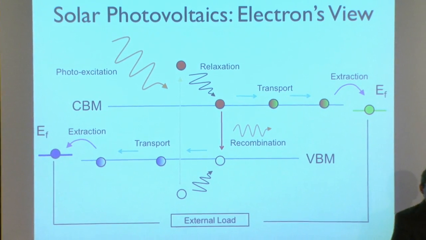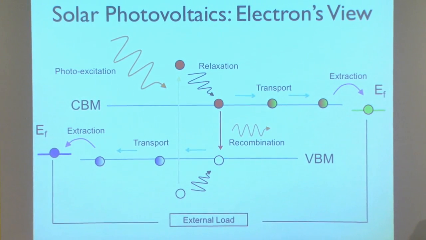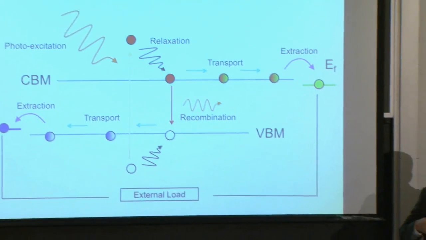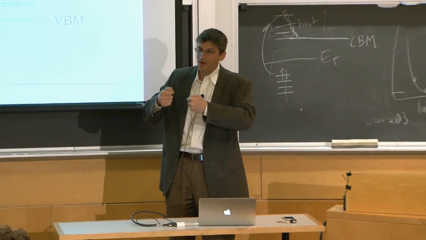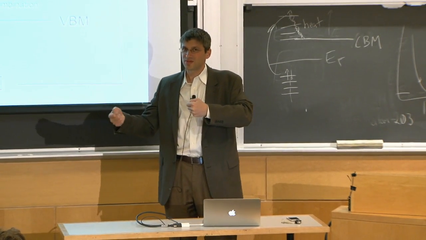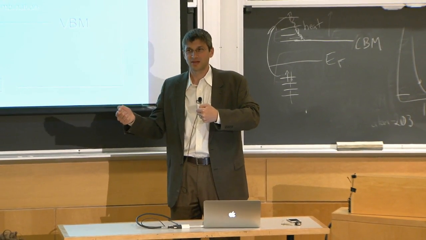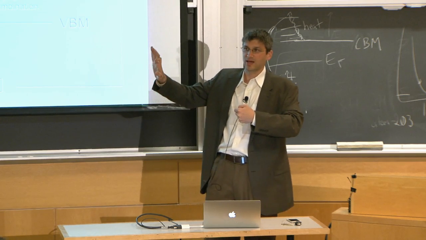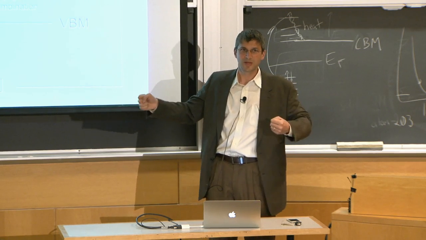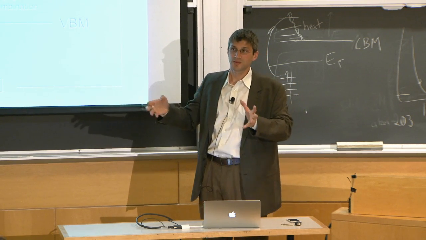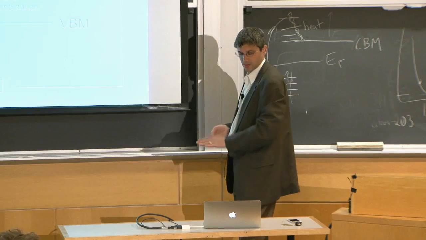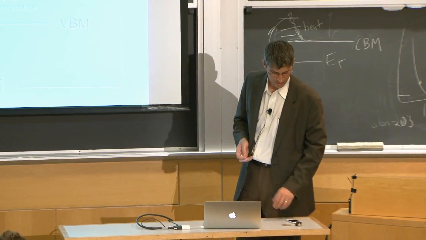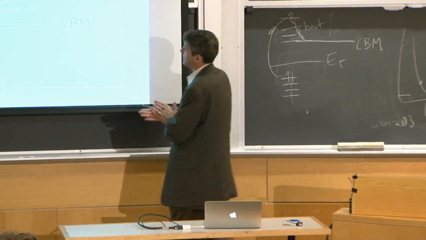The way you do it is you create interfaces where, when this electron and hole pair get to the interface, one of them sees that the grass is really greener on the other side of that interface, and the other one's like, I don't like that material. And then they split. That's called a type 2 heterojunction, which I'll show you a picture of in a bit, or maybe Thursday at the beginning of class. I think I might have time.